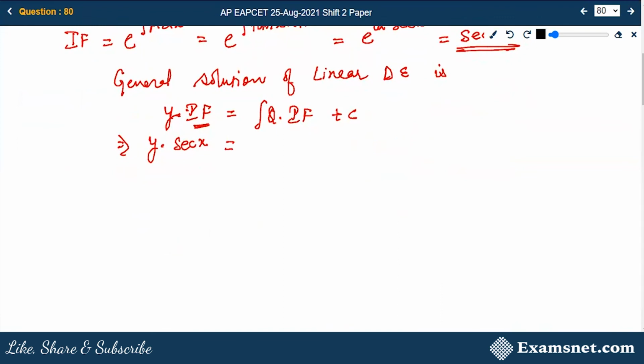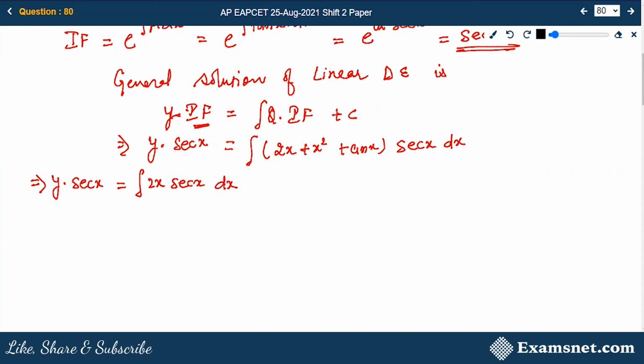So y into secant x is integral of q, which was 2x plus x square tan x, into secant x dx. This gives you y into secant x is equal to integral 2x secant x dx plus integral x square tan x into secant x dx.